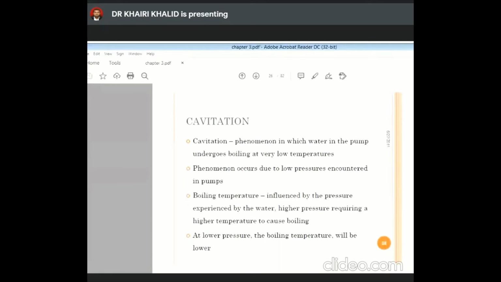The boiling temperature is influenced by the pressure experienced by the water, where higher pressure requires higher temperature to cause boiling. But what happens in the pump? We face lower pressure, so the boiling temperature will be lower. And then what happens?